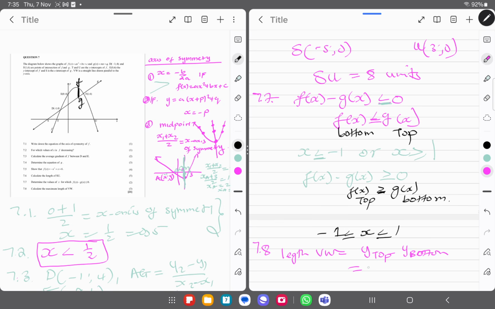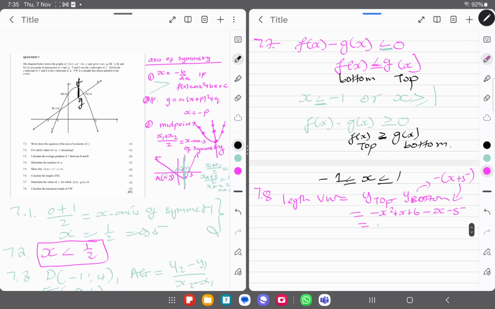So y at the top is f, so it's negative x squared plus x plus 6, minus x minus 5. Because remember here it's minus, and then it's x plus 5. So it ends up with negative x squared, this will cancel, and I'm left with plus 1.